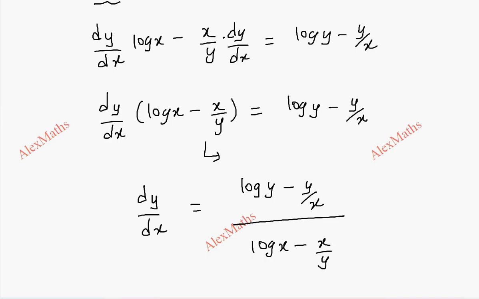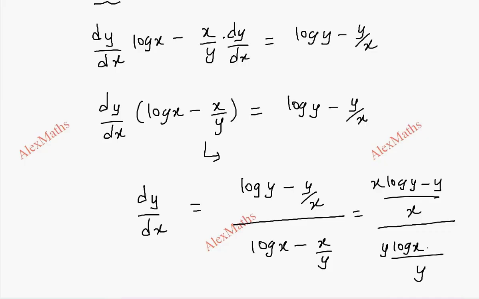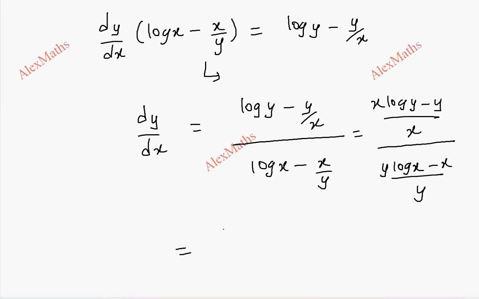If you want, we can take LCM. So this will be x log y minus y whole division by y. Then here the LCM is y. So y log x minus x. Then this will be rewritten as, actually, x log y.